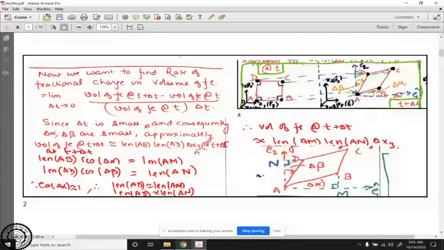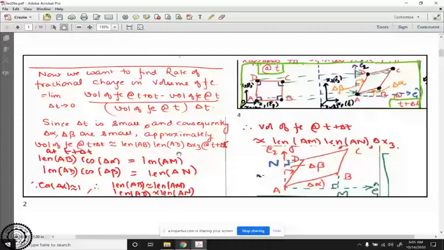Initially all faces were at 90 degrees. Now they are not at 90 degrees, but they are still very close to 90 degrees, because delta alpha and delta beta are very small. That's why we approximate the volume as simply length of AB, AD, and delta x3. Recall, delta x3 is the dimension of the fluid element in the third direction.